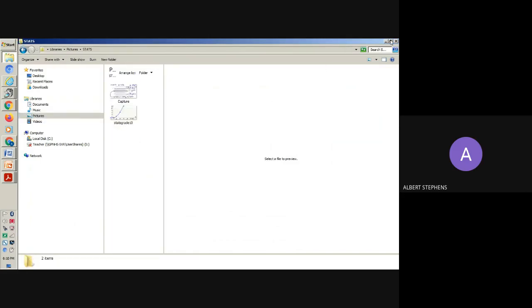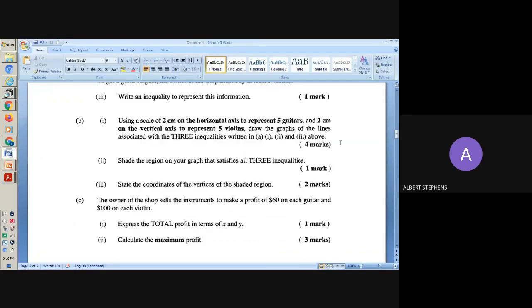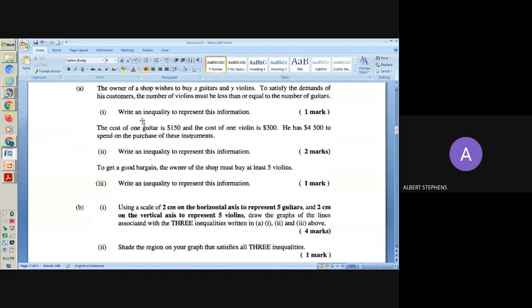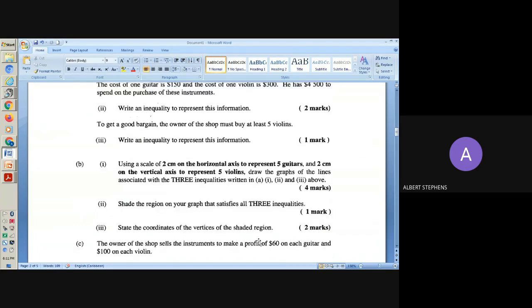Okay, yeah, I just found it. All right, cool. So you see, they want us to draw all of this, the three equations that you put up here. Part 1, part 2, and part 3, they want us to draw it on graph paper. So take out a graph paper and make another L.